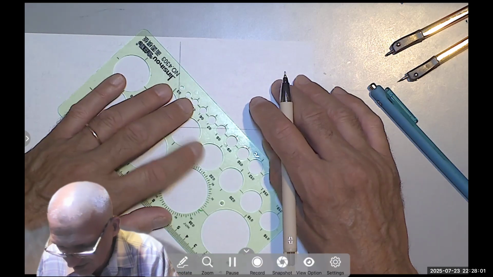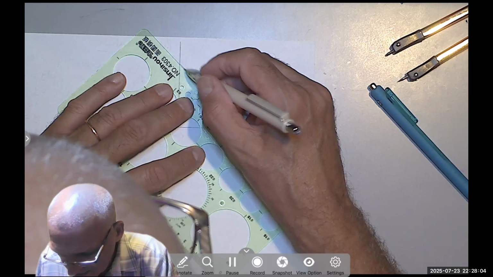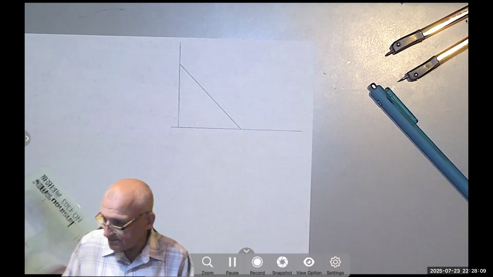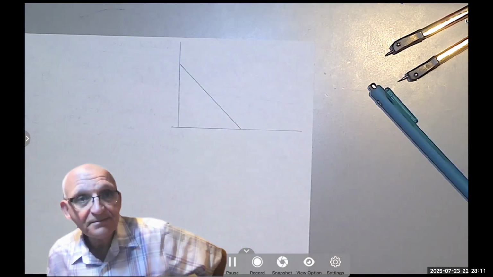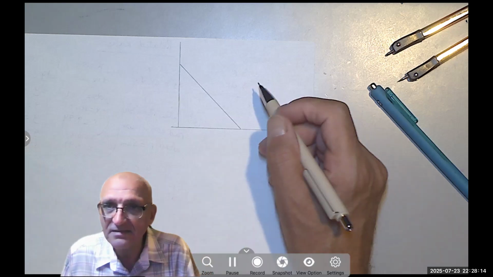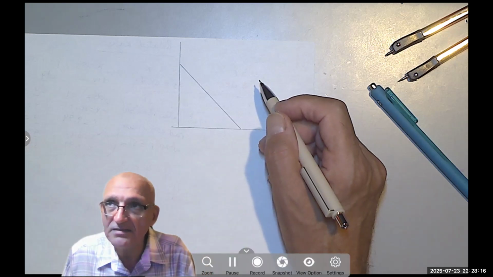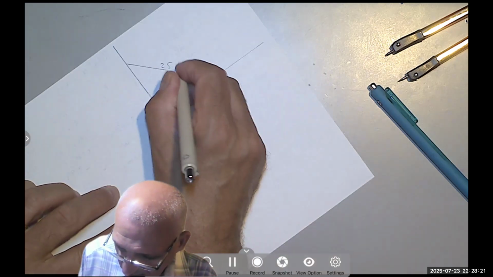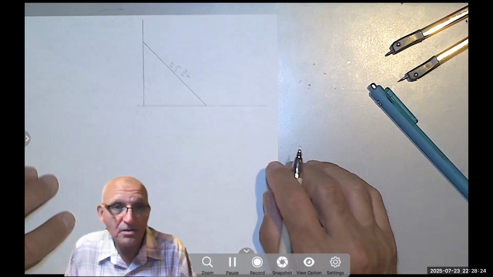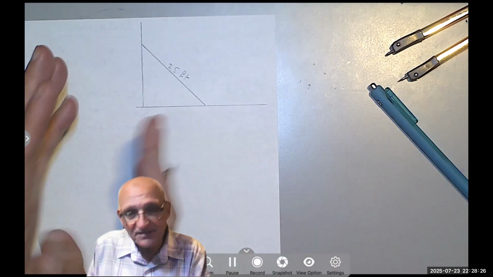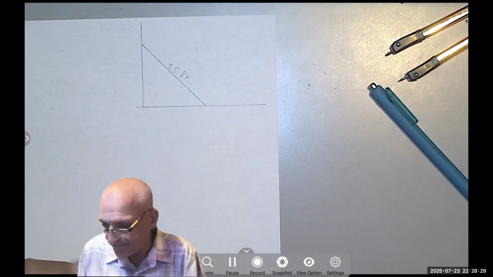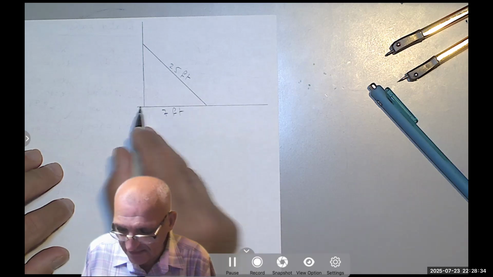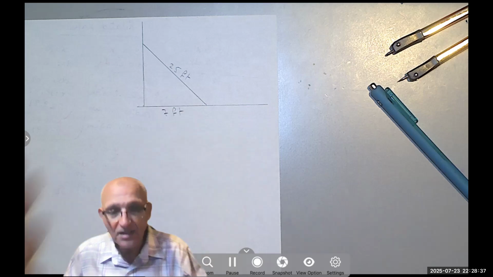And we have some kind of steps here, a ladder. And this ladder is 25 feet long. At a particular point, it was 7 feet away from the wall.